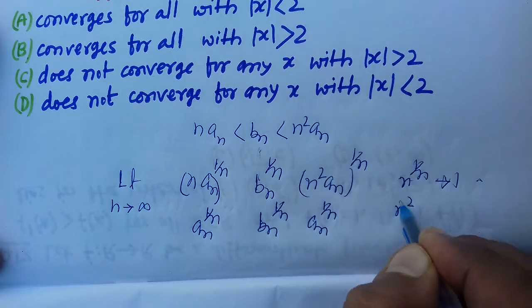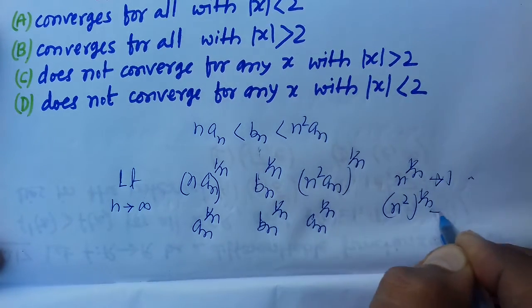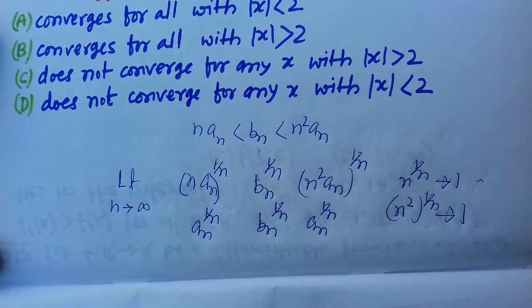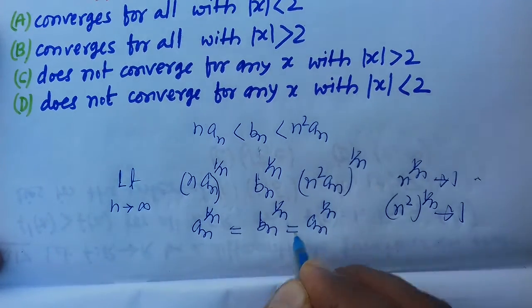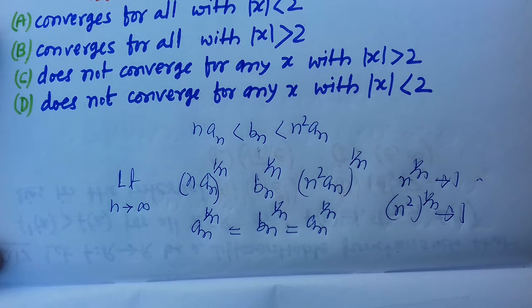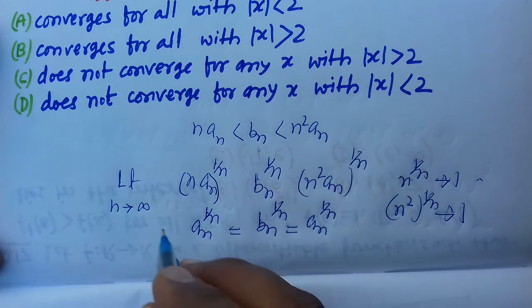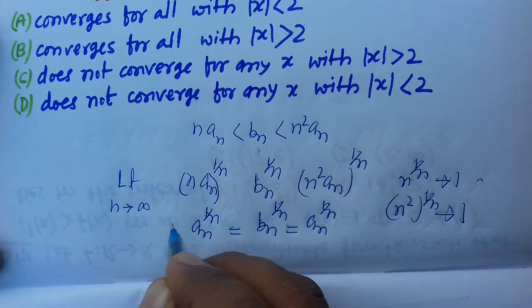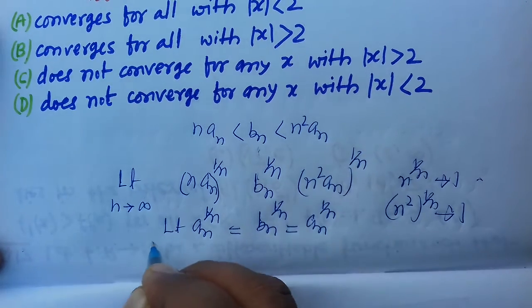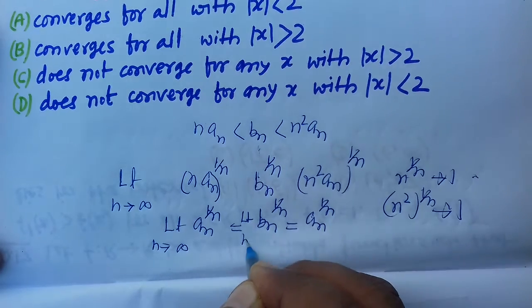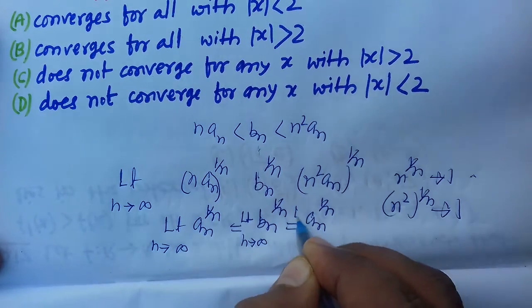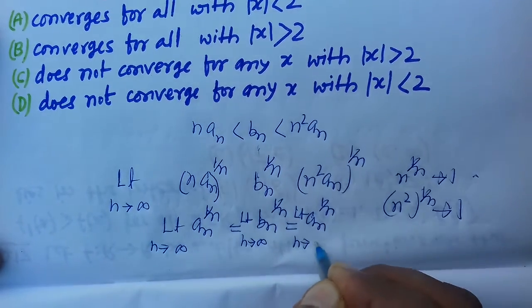Similarly, n² to the power 1/n also tends to 1 as n tends to infinity. So these three are equal when you take the limit as n tends to infinity.